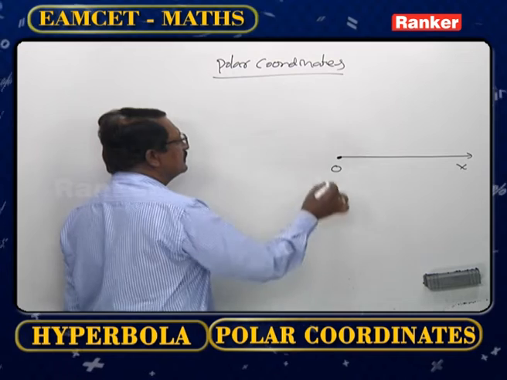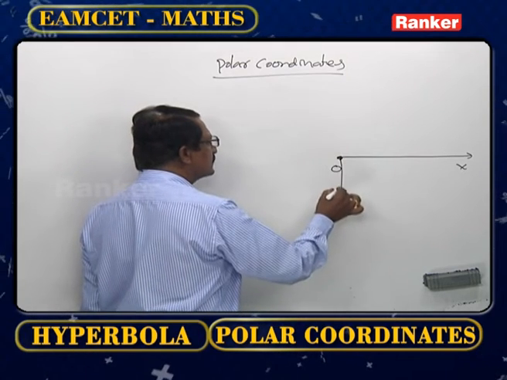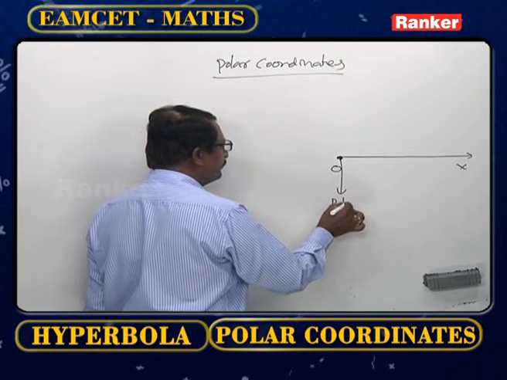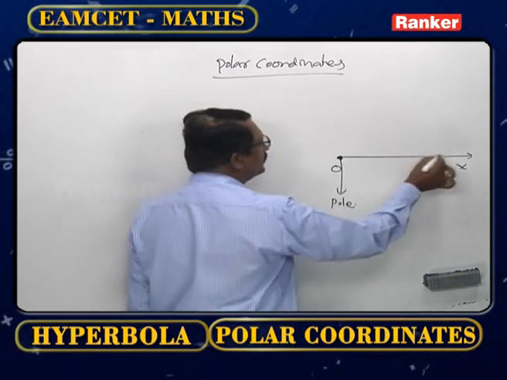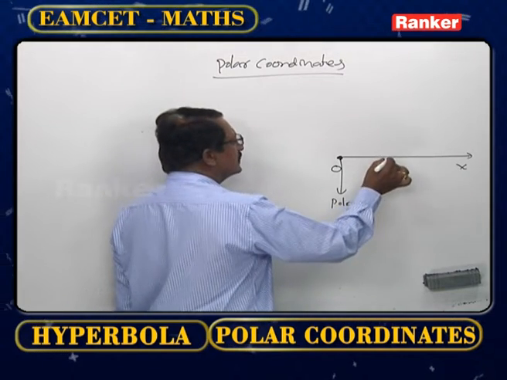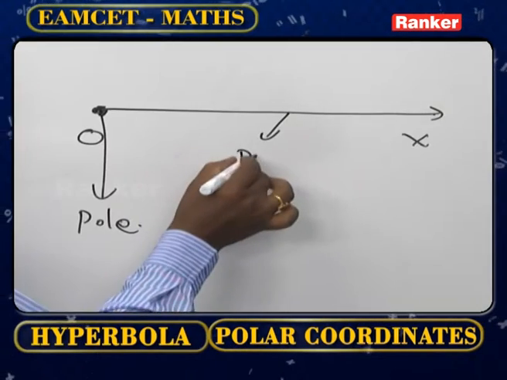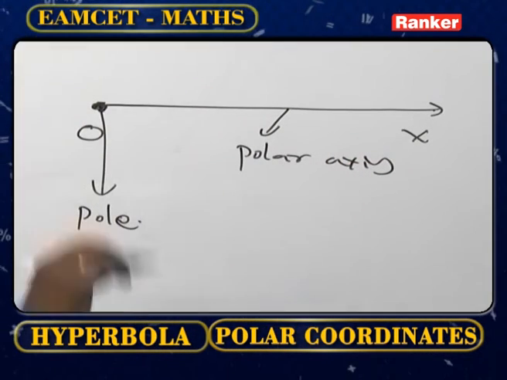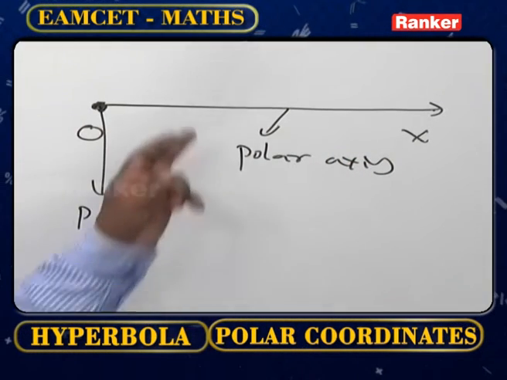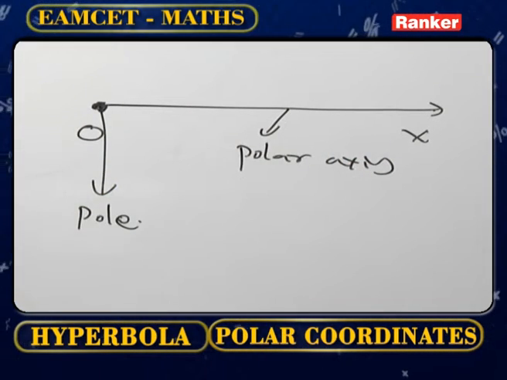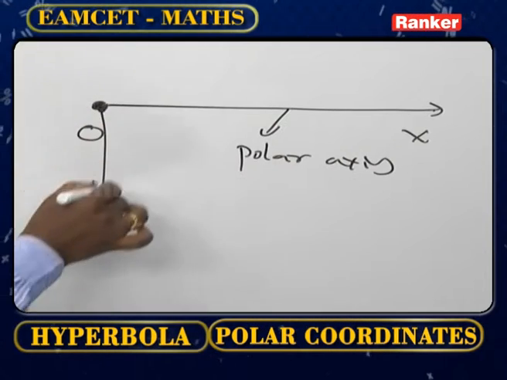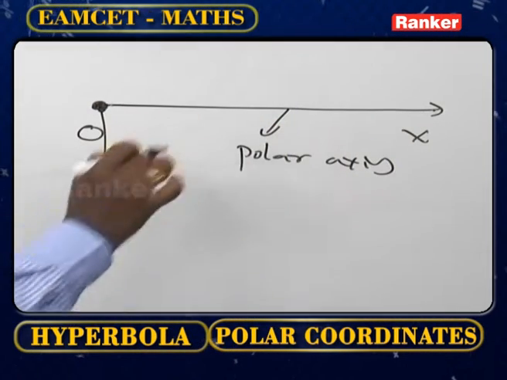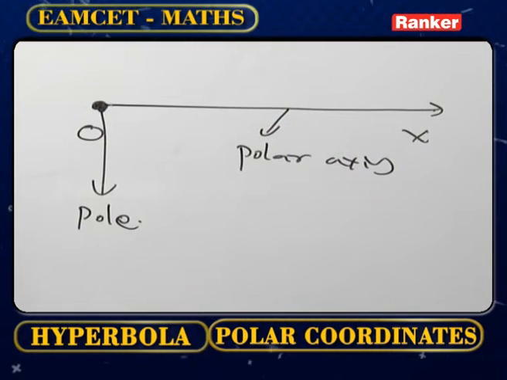Here the origin is called the pole and the positive x-axis is called the polar axis, which is also called the initial line.